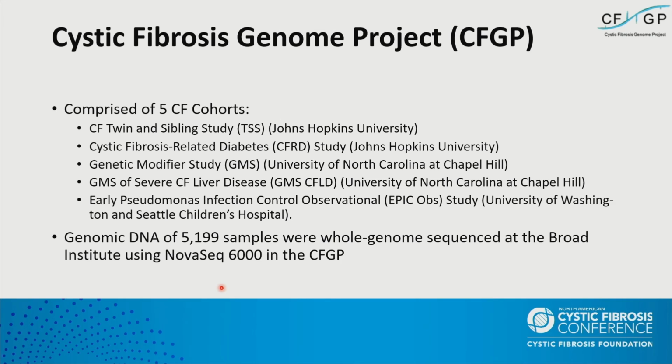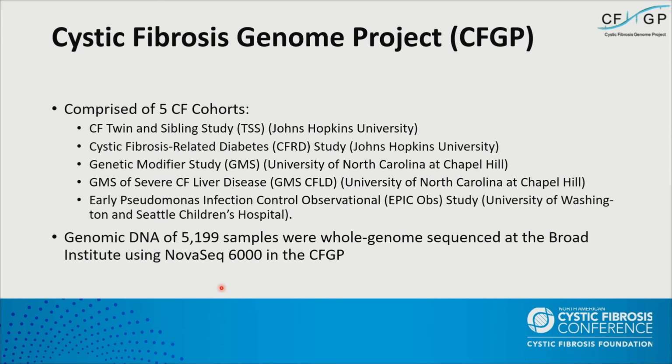This project, the CF Genome Project, comprised 5 cohorts, and obviously this study was designed to study a host of phenotypes, lung disease, CF-related diabetes, CF liver disease, et cetera, with patients being enrolled from Johns Hopkins, University of North Carolina at Chapel Hill, and the University of Seattle Children's Hospital, obviously with one of those from Chapel Hill being the severe CF liver disease study.